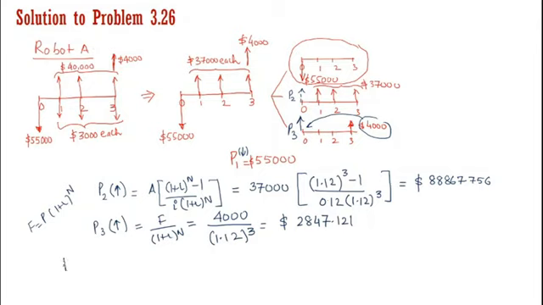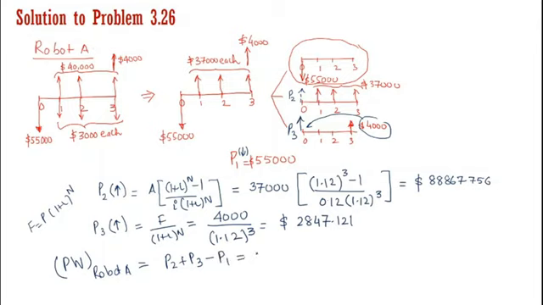Now the present worth for robo A will be equal to, now we have to keep in mind the direction. P2 and P3 both are upwards, so P2 plus P3, since they are upwards, I am treating these directions with a positive sign, and since P1 is downward, it will be with a negative sign.